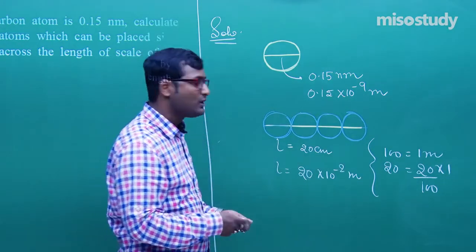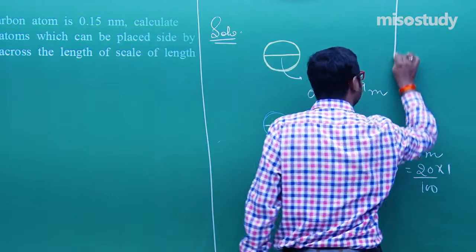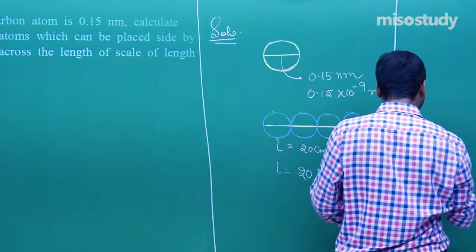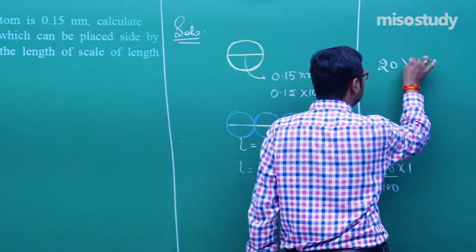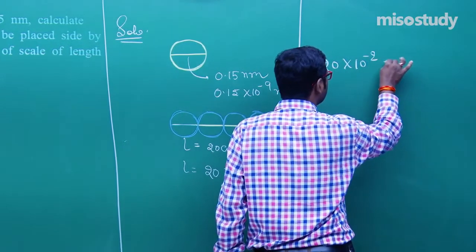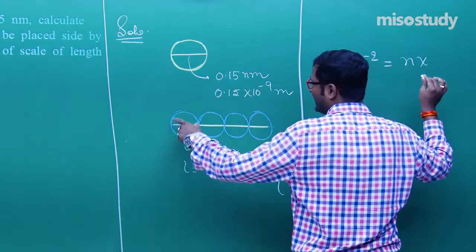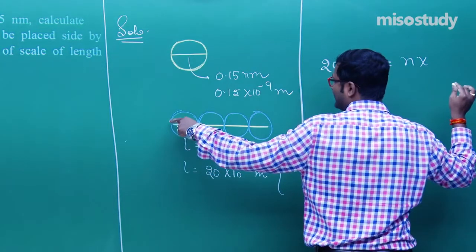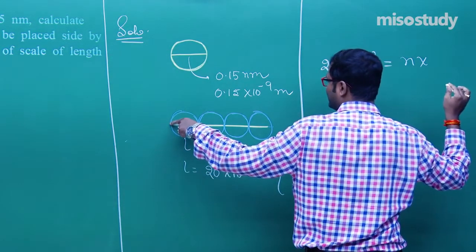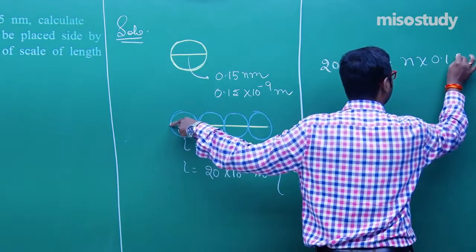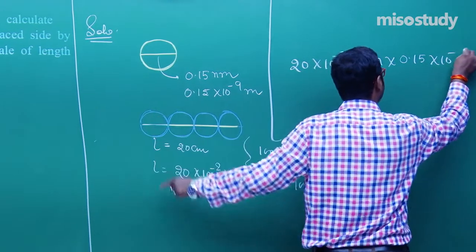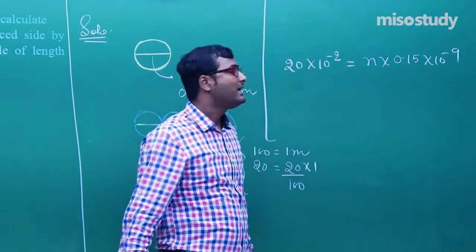So in this case what to do, tell me. The total length, 20 into 10 to the power minus 2, is equal to n multiplied by the size of each carbon atom, here in terms of diameter 0.15 into 10 to the power minus 9. Am I right? Yes sir.